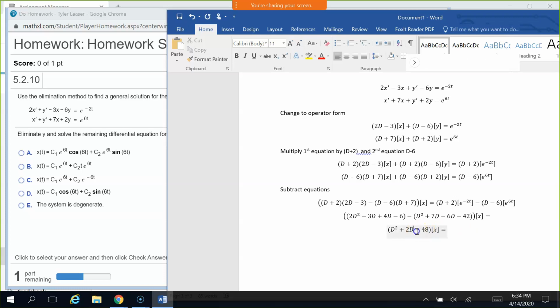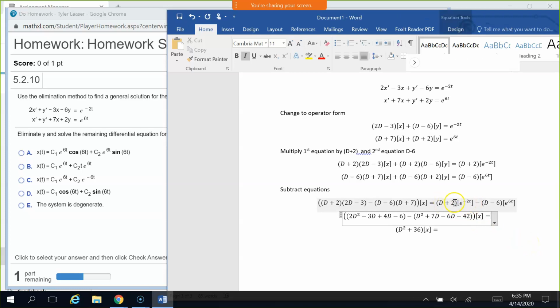Oh, I think I did it wrong. That looks better. Okay, so that's just simplifying down this algebraically. We still have to worry about the right-hand side of the equation.